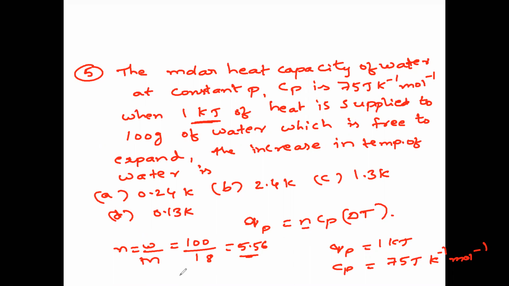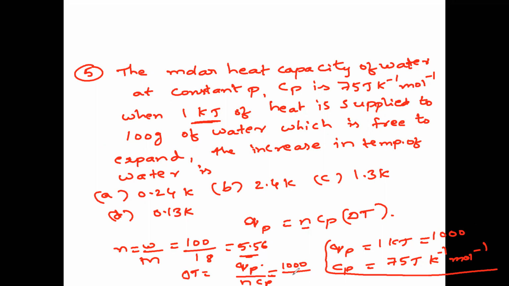Now we have to find delta T. So delta T is equal to Qp divided by n into Cp. Qp is 1 kilojoule, which is in kilojoules, so we have to convert into joules, 1000. So that is equal to 1000 divided by n, the number of moles, 5.56, into 75.